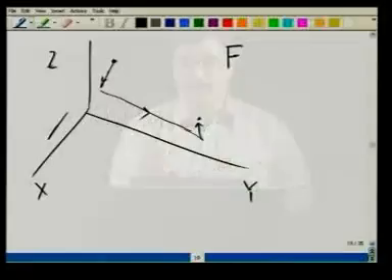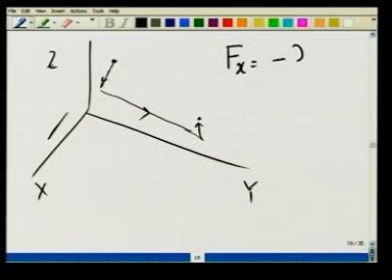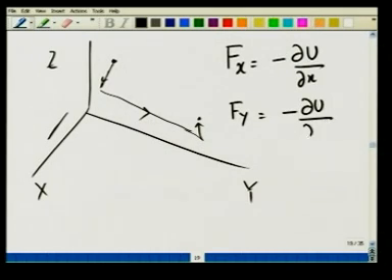When I move along the x-axis, change in potential energy comes only due to the x component of the force, and therefore, it is related to the partial derivative of u with respect to x. When I move along the y-axis, change in potential energy comes only due to the component of the force along the y-axis, and therefore, that is related to the change in u with respect to y, and this is precisely why I get fx equals minus partial u partial x, fy equals minus partial of u with respect to partial of y.